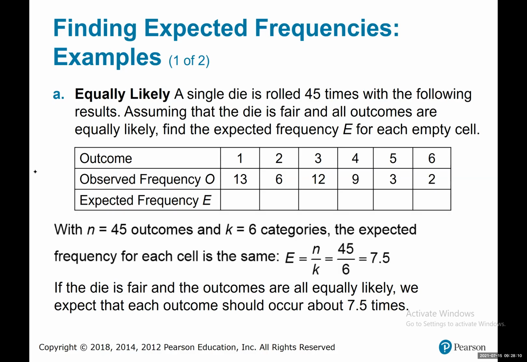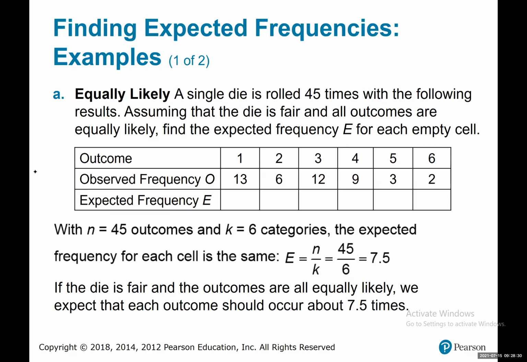I'll read. Thank you. A single die is rolled 45 times with the following results. Assuming that the die is fair and all outcomes are equally likely, find the expected frequency E for each empty cell.